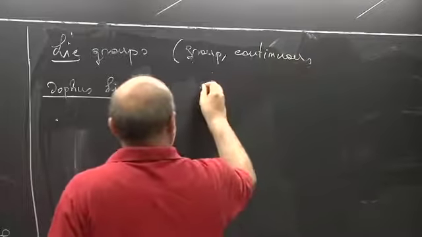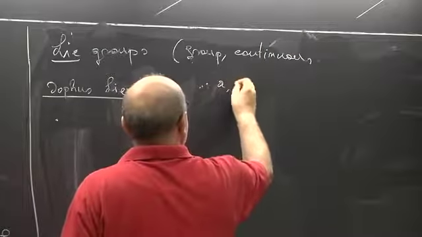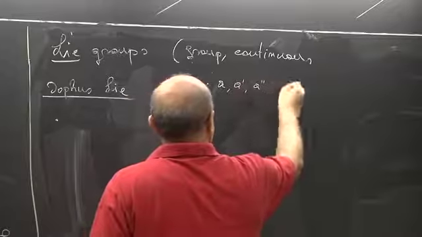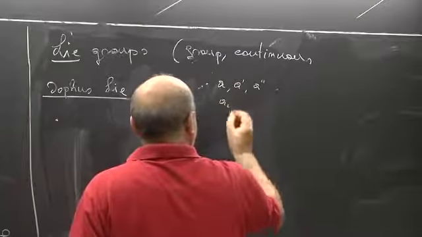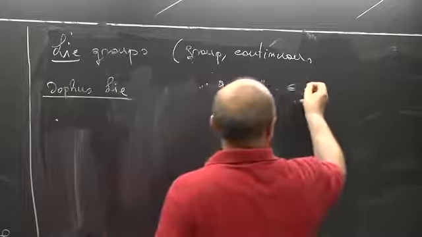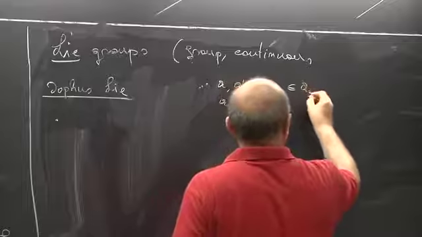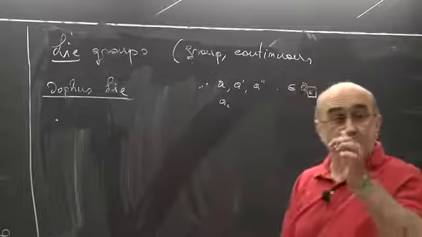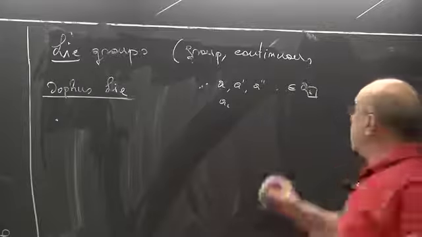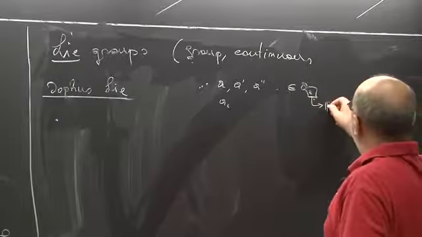That means elements in this group, A prime, A second, and so on, can be parameterized by some parameter like a real number, so that all of these belong to a set that is parameterized by some parameter like epsilon, okay? And this epsilon runs, it is a map into the real numbers.